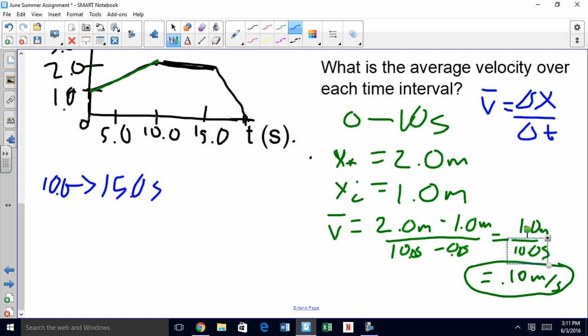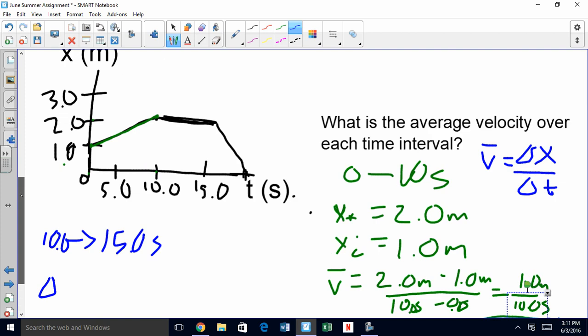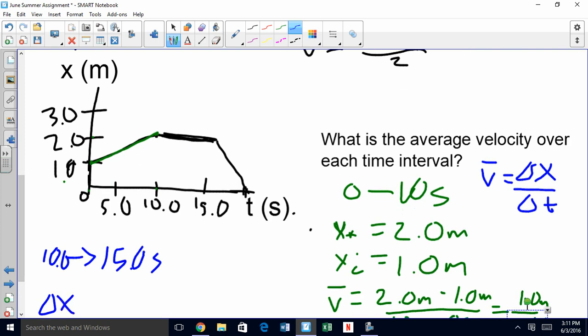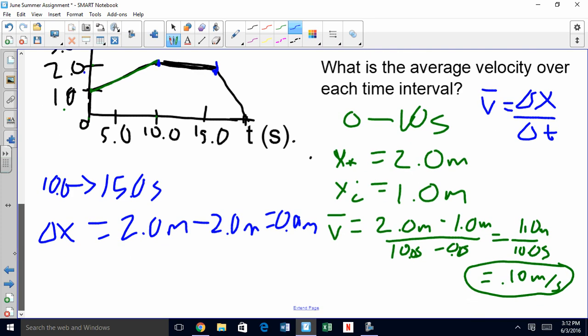So I'm going to say, okay, well, my delta x is going to be my final position. Final position would be 2.0 meters. And the initial position would be 2. Oh, I didn't want an equals there. I wanted a minus. 2 minus 2 is 0. Well, that's interesting. So 0 meters.